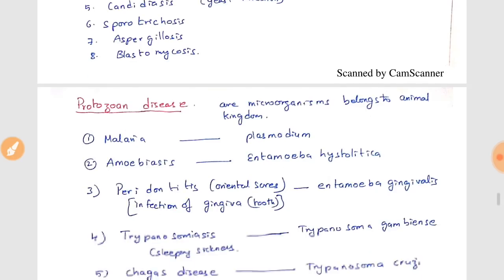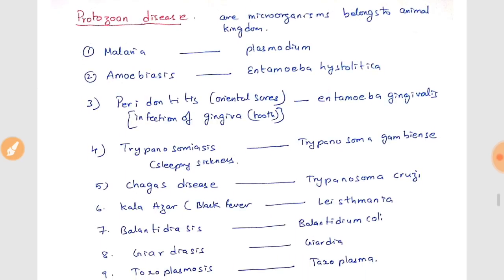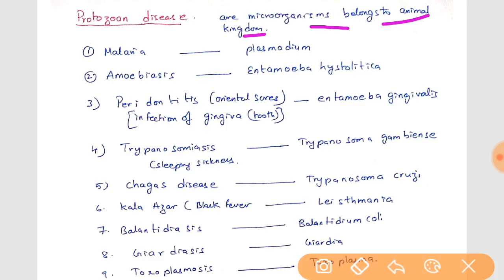Okay. Protozoan disease. What is a protozoa? Protozoa are microorganisms belonging to the animal kingdom, friends. Malaria is caused by Plasmodium protozoa. Amoebiasis by Entamoeba histolytica. See friends, these protozoans live on some other organisms and feed on them. Periodontitis, oriental sore, is caused by Entamoeba gingivalis.